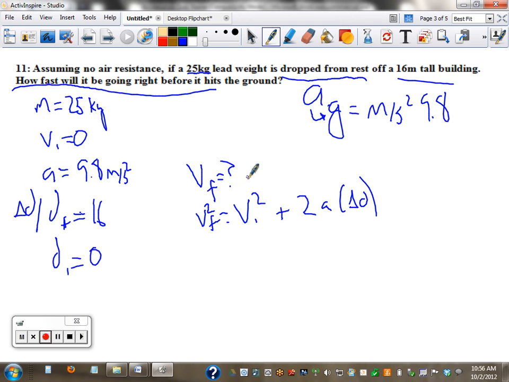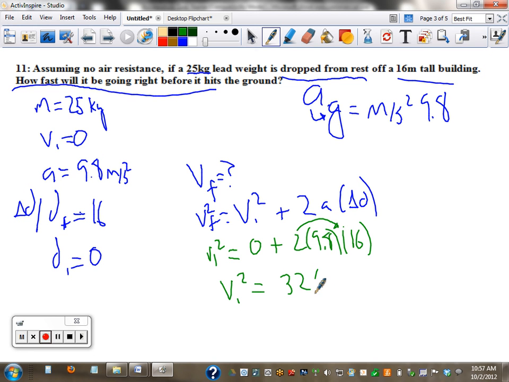That gives us velocity final squared equals 0 plus 2 times 9.8 times 16. We'll say 2 times 16, 32 times 9.8.